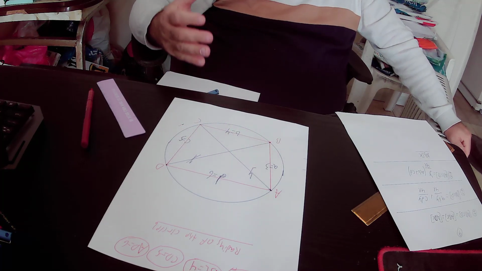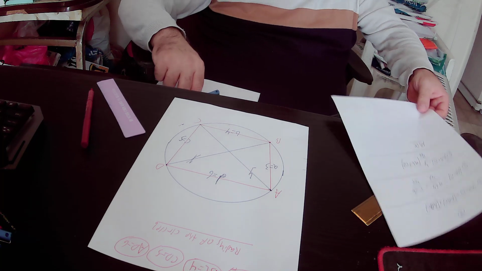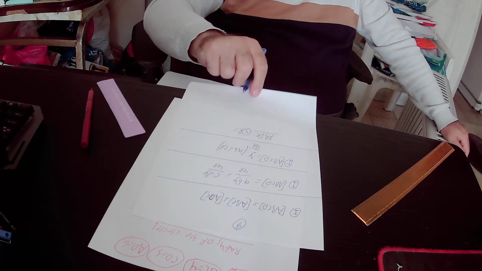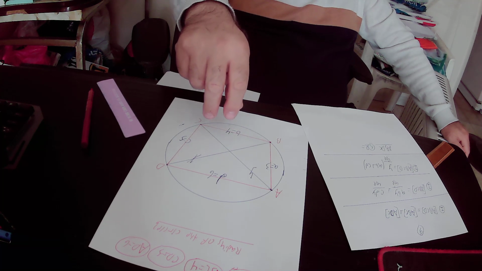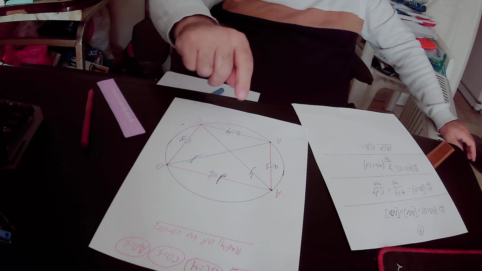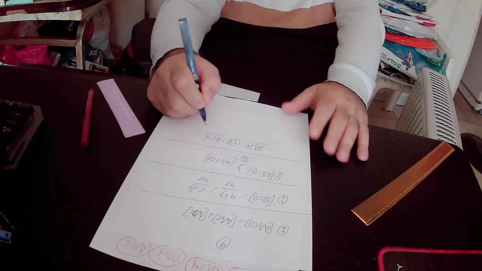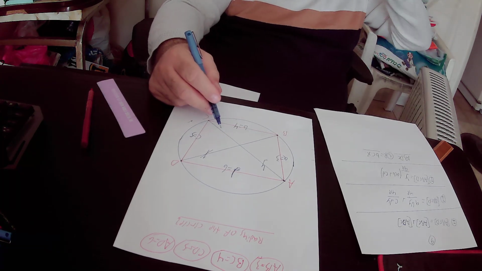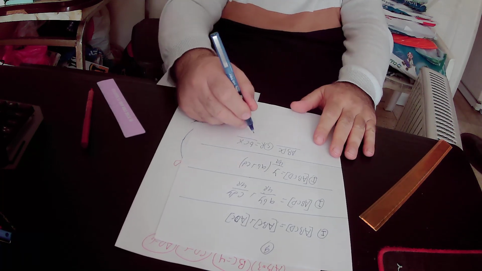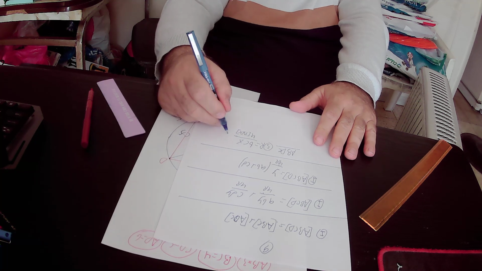Therefore, according to rule number 3, the radius of this blue circle that circumscribes triangle BDC will be equal to the product of triangle BDC's sides, that is to say, B times C times X, over 4 times the area of this triangle BDC. This is according to rule number 3.